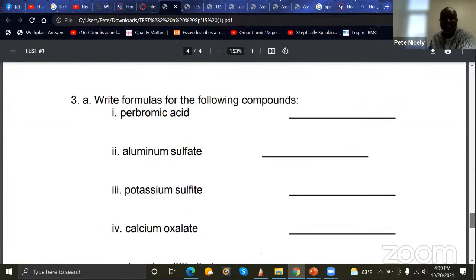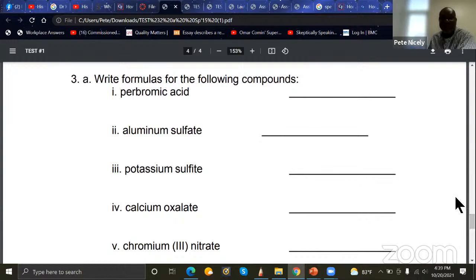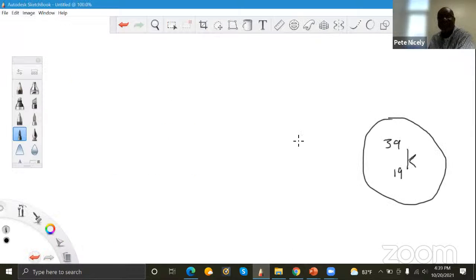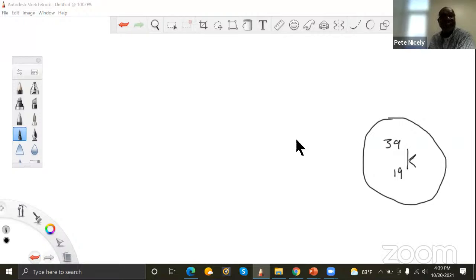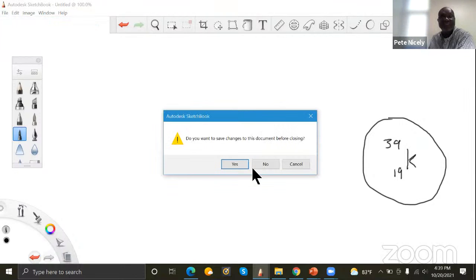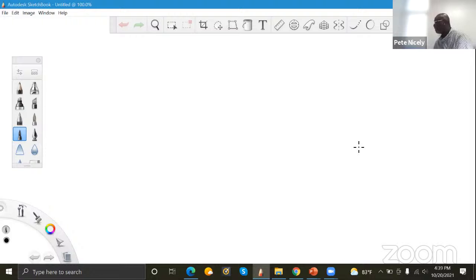Okay, so for the next one, they're basically asking you to write down the formulas for the following names of these compounds, all right? So I'm going to go back to my writing pad and let's start off with perbromic acid. So what's the formula for perbromic acid?